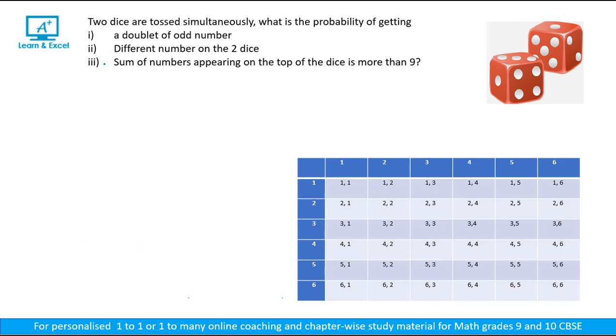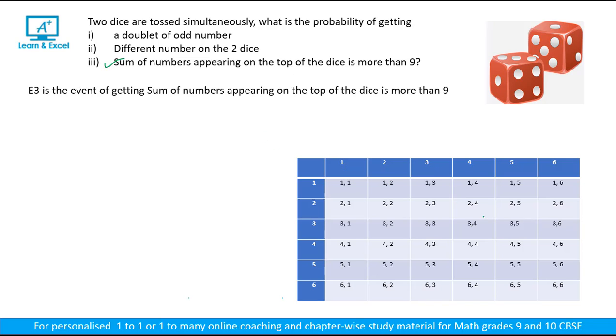Let us now toss two dice simultaneously and find the probability of the sum of numbers on the top of the dice being more than 9. Let E3 be the event. Let us look at this table and find all the outcomes where the sum of numbers appearing on the top of the dice is equal to 9. So 6, 3, 5, 4, 4, 5 and 3, 6 are the outcomes whose sum is equal to 9.